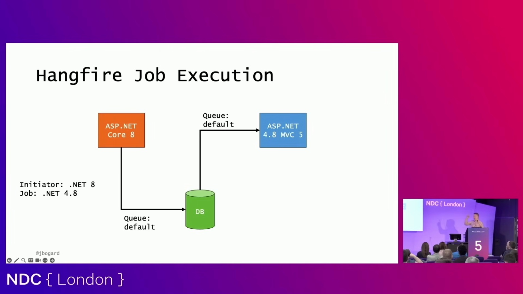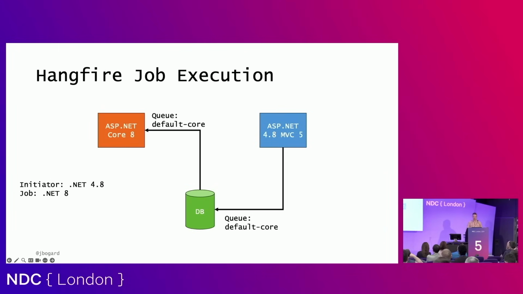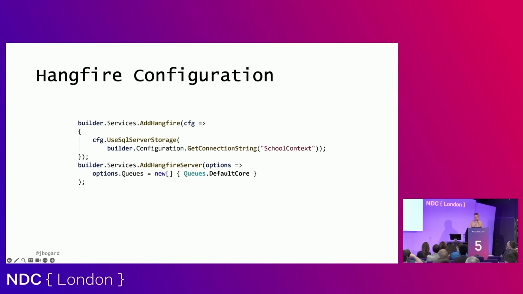That means the Hangfire host on this side would pick that item up and execute the job. On the reverse side, we can handle that as well. MVC5 could enqueue a default-core job, because we knew the job existed over there. And of course, if I'm completely in the MVC5 world, we could do that. We just had to make sure we knew where the job existed so the right application picked it up and ran with it.